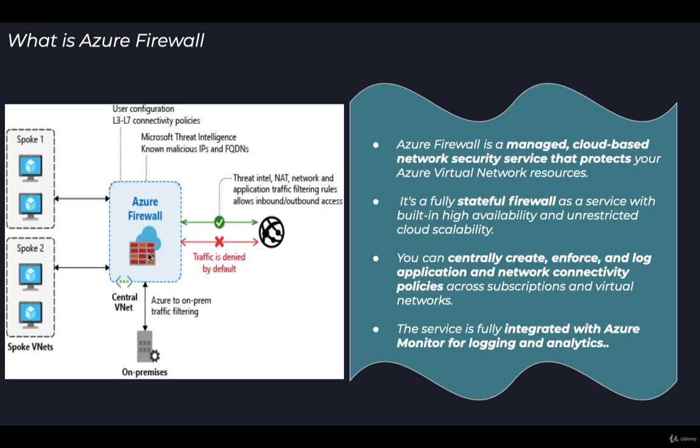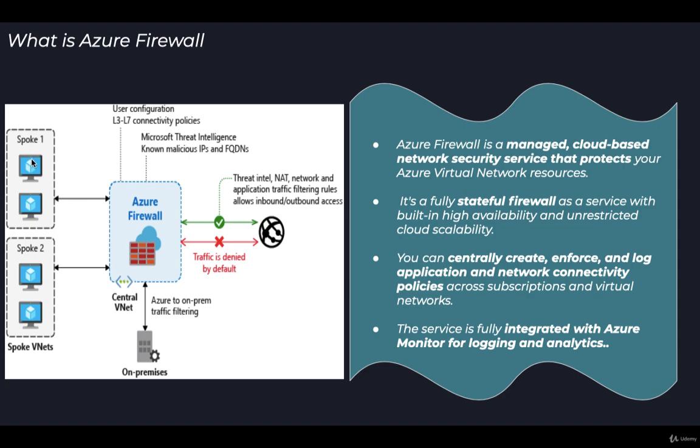In order to deploy Azure Firewall so that you can centrally manage it, you can deploy it in the hub and spoke model. You can have different spokes wherein you have your virtual machines or SQL servers. Like in the diagram on the left, we have two spoke VNets, spoke one and spoke two, and in the hub we have a central VNet within which you have deployed the Azure Firewall.